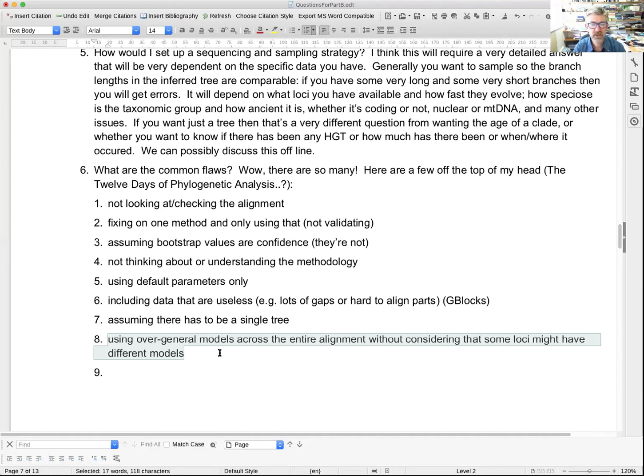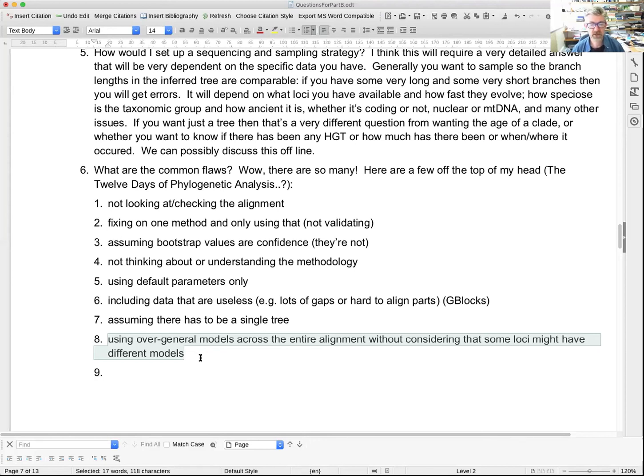So the GTR plus I plus gamma. It's a pretty general model, and it's the most general model that people tend to use. And so, no surprise, if you try and find the best fit model for a massive data set like that, it will be the best fit model.